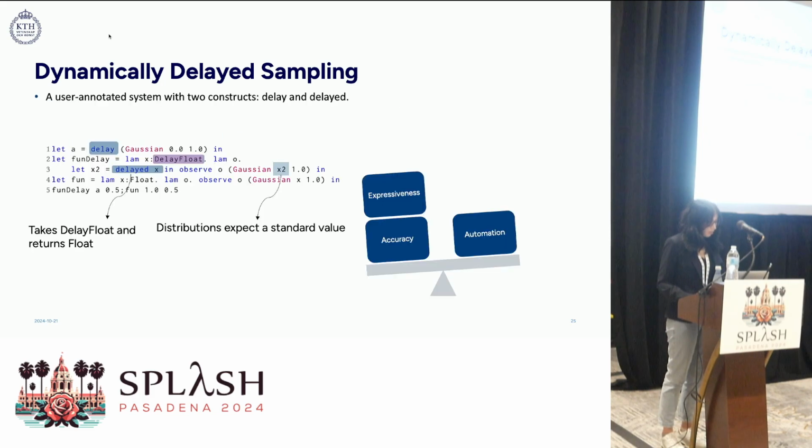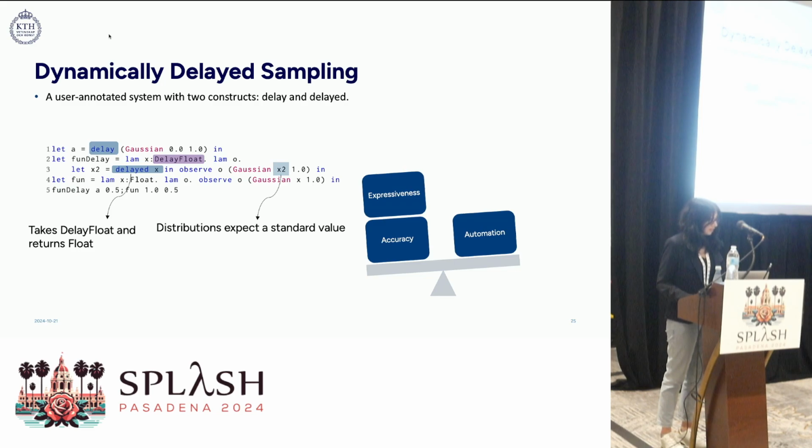How do we solve this? We introduce a user-annotated system so that the user uses delayed keywords or constructs to mark the places that should be delayed. In this case, it says A should be delayed, and we specifically use this delayed keyword because the distributions expect a float value.